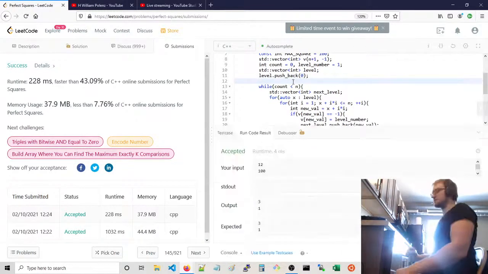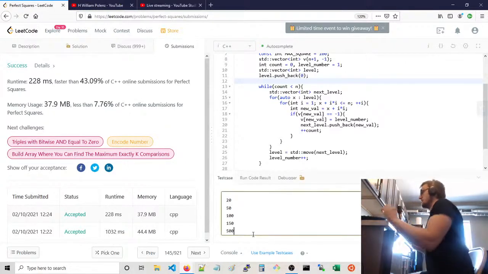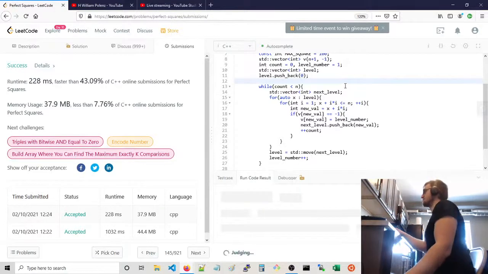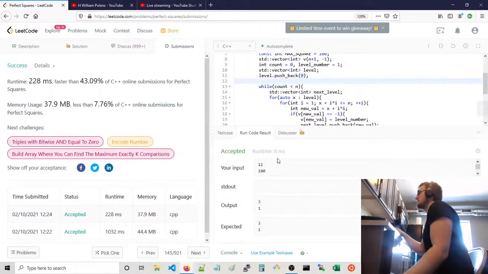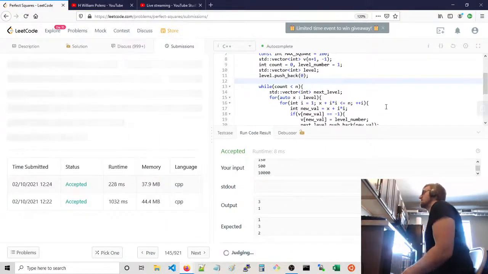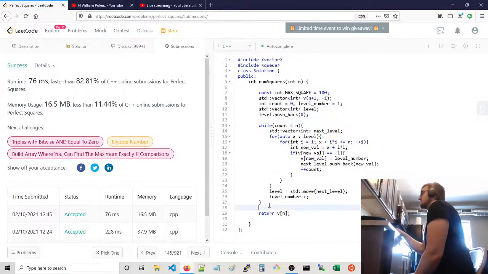See how we do on each of them. Let's try 10,000. 8 milliseconds on 10,000, huh? Let's go for it now. Okay, that's better. Alright, that's a lot faster.